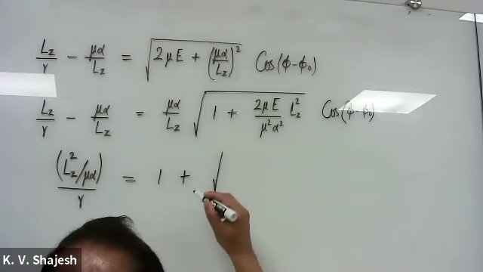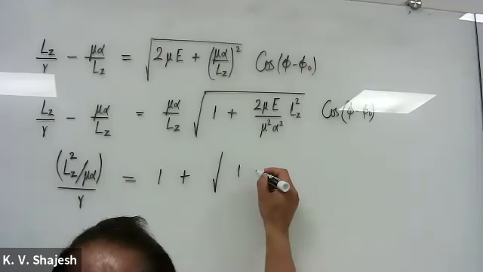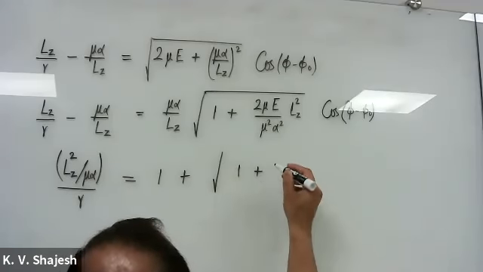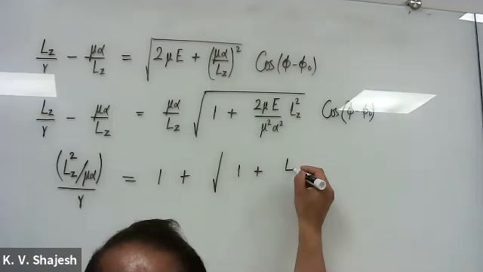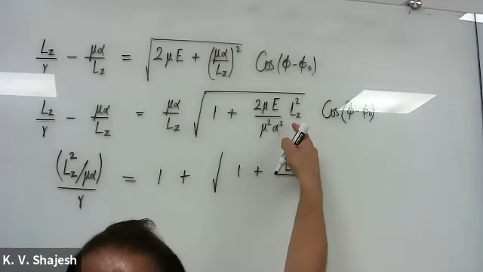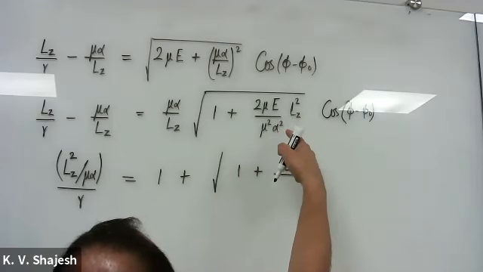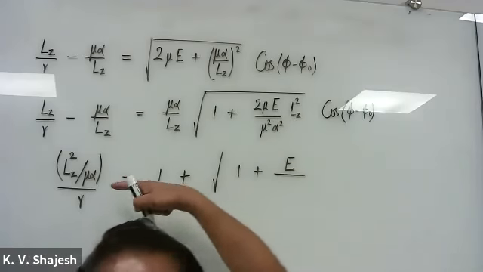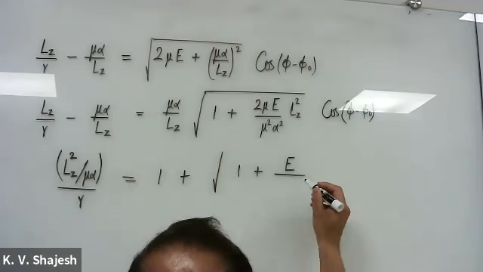And this is square root of 1 plus, there's E, divided by, then there's LZ square over mu alpha there still.